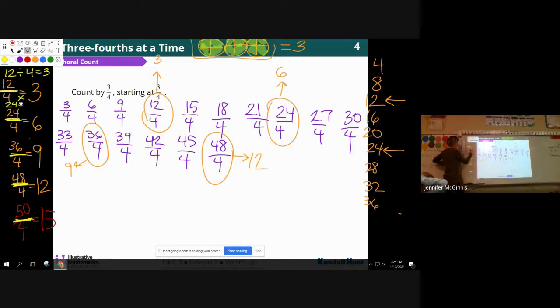24 divided by 4 equals 6. 36 divided by 4 equals 9. 48 divided by 4 equals 12. 50 divided by 4 equals 15. You see what I'm saying?